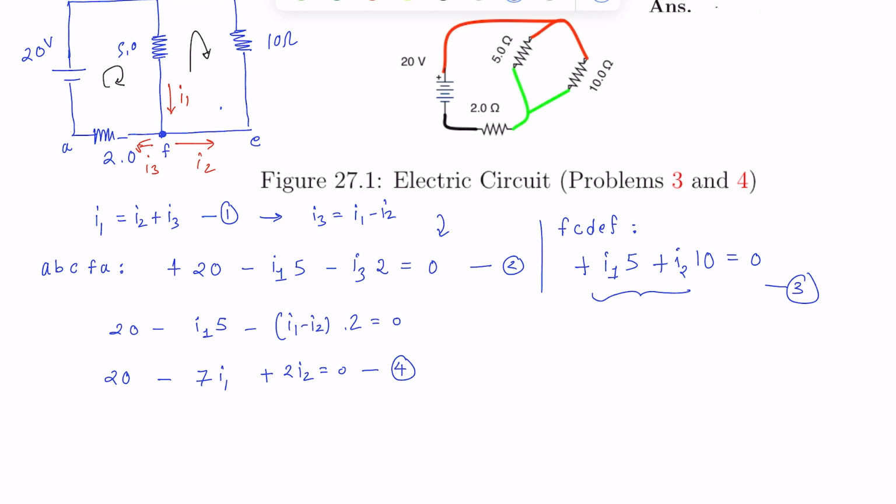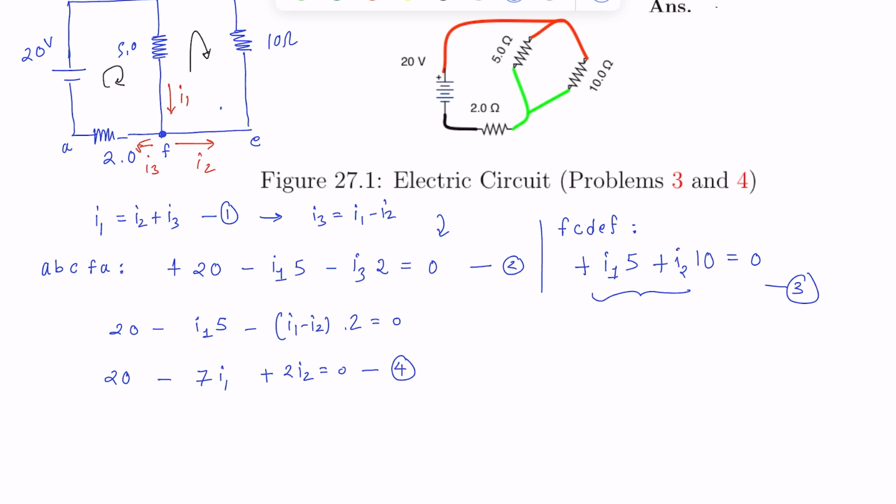You substitute that value in equation number 2, so you get 20 minus I1 times 5 minus (I1 minus I2) times 2. You open the bracket, you multiply 2 by I1, so you get minus 2I1, that will be added to minus 5I1, so you get minus 7I1, and so the equation is correct. Equations are correct.